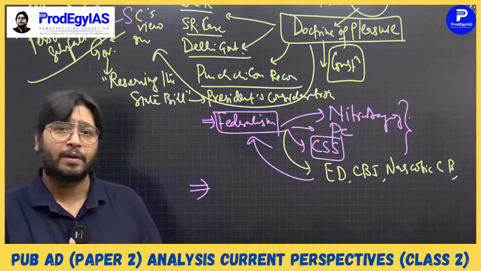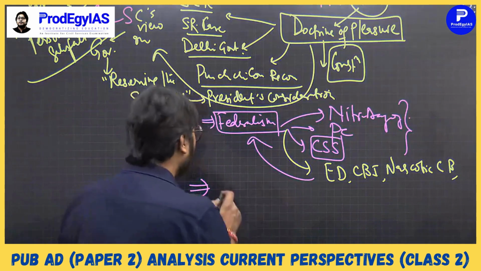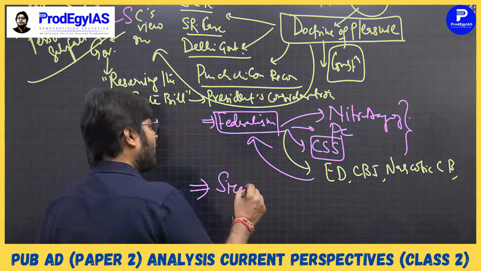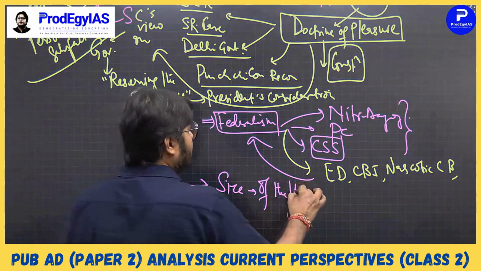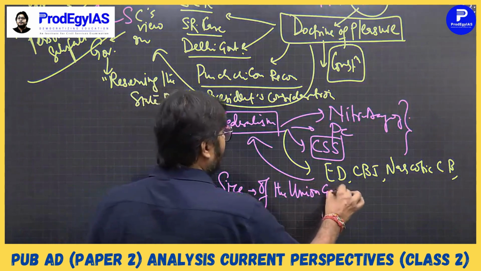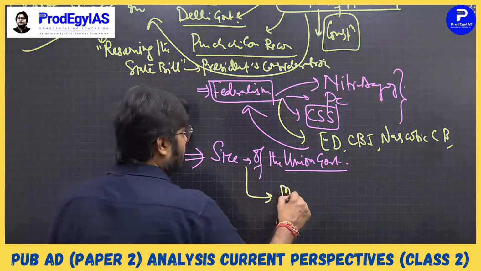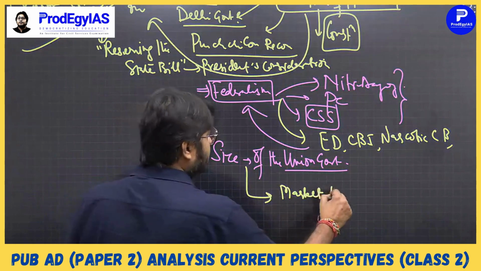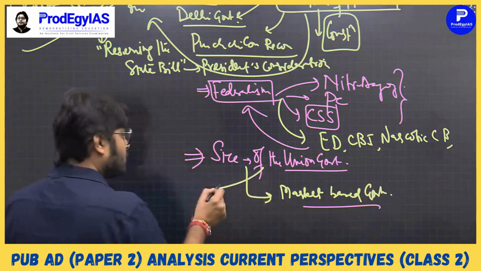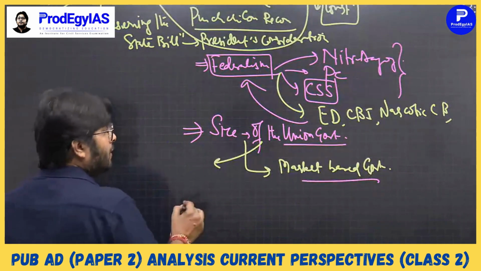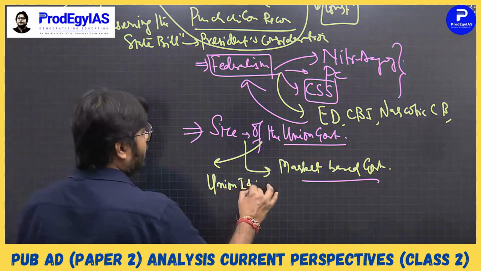Fine. Then, let us say, another question can be more about reducing the size of the union government. So this is also an important idea discussed by second ARC, size of the union government. Right? Because obviously we are witnessing market-based governance. Fine. In that scenario, still we have a lot of ministries, right? Do we need Ministry of Information and Broadcasting?